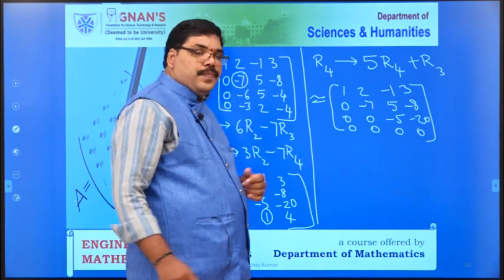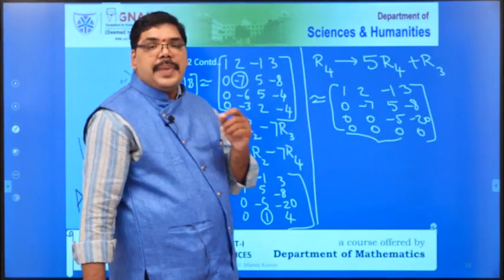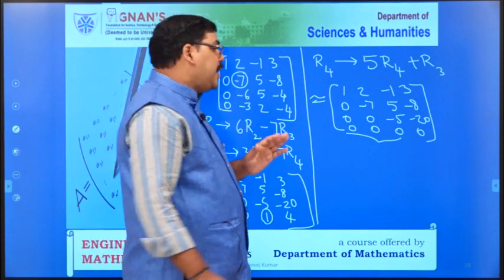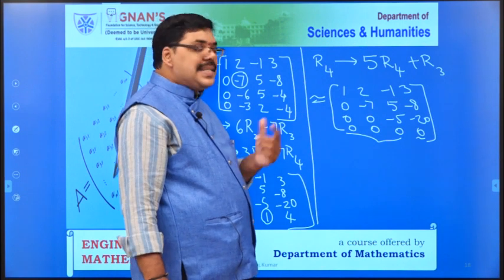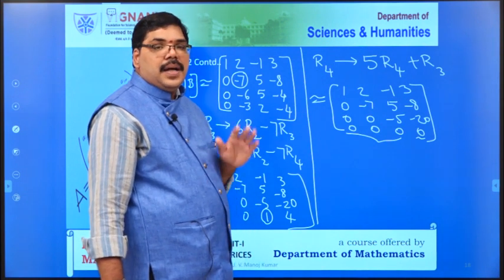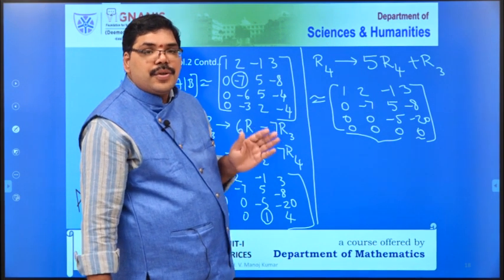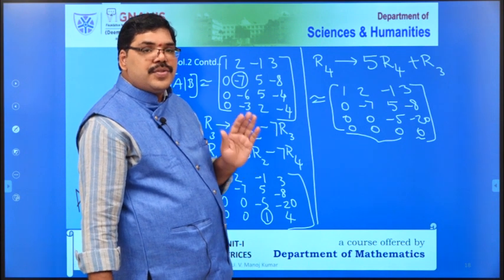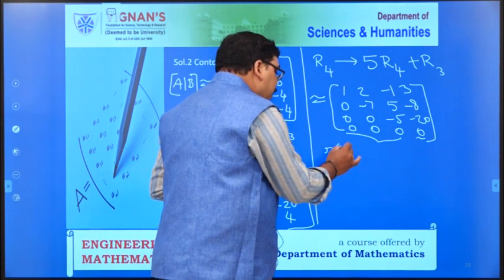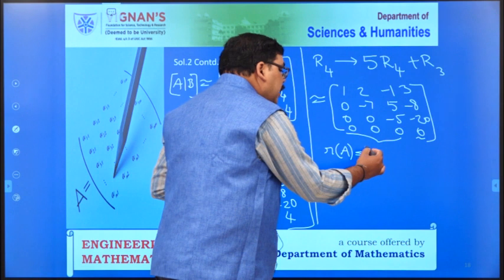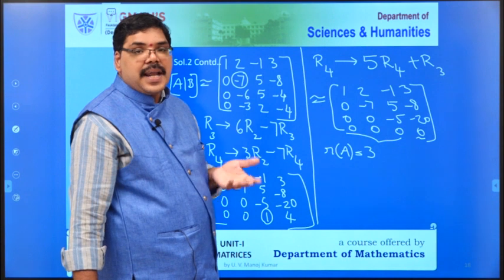In this matrix, the first 3 columns constitute matrix A, and for that matrix we have added B. If you only consider the first 3 columns and find the rank of A, the number of non-zero rows is 3. So, rank of A becomes 3.